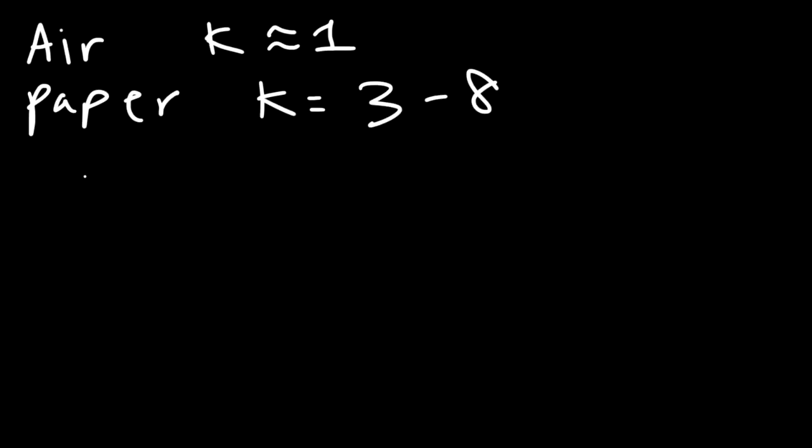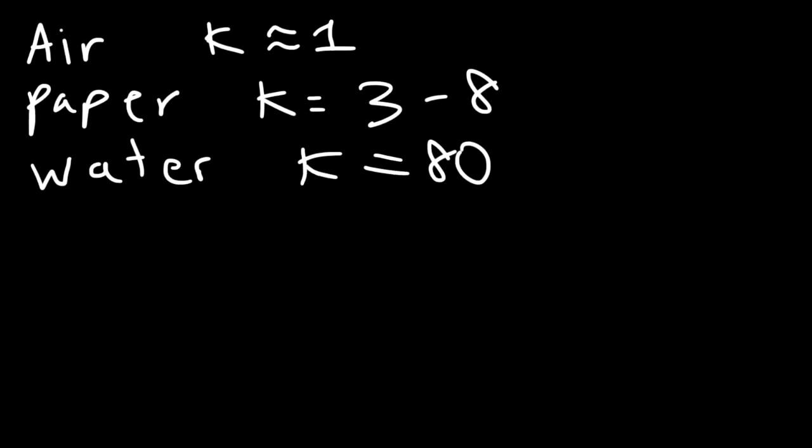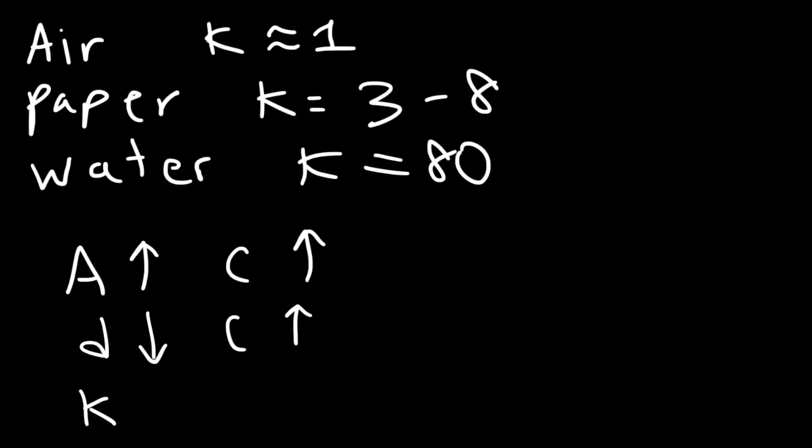And for water, the dielectric constant is about 80. And so different materials have different K values. And so those are the three ways in which you can adjust the capacitance of a capacitor. So you can increase the area to increase the capacitance, you could decrease the separation distance, or you can insert a material with a higher dielectric constant, and that will increase the capacitance.